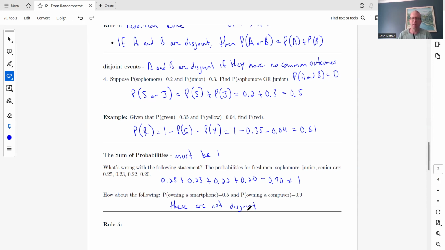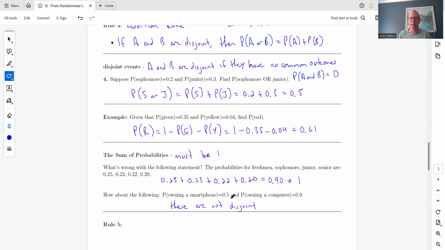And just as an aside, talking about disjoint events, if you have 2 or more disjoint events, if you add up their probabilities, they cannot be more than 1. But if you add the probabilities for events that are not disjoint, they can be more than 1.